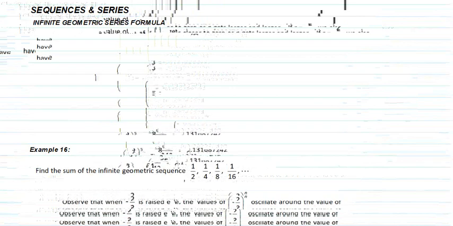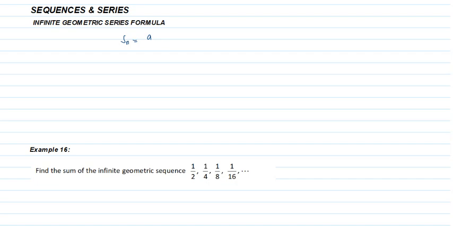And then the formula that we are going to use now is going to be S sub n is equal to a over 1 minus r, where again, yung ating r should not be equal to 1, or it should be not less than 1 kasi nga it has to be that the absolute value of r should be less than 1.